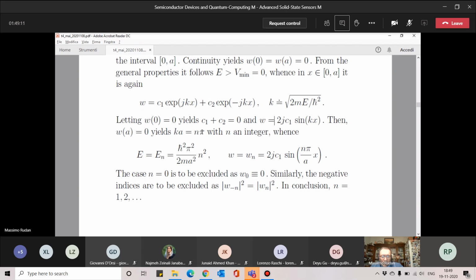So k is quantized, and as a consequence, the energy that is uniquely related to k is also quantized.